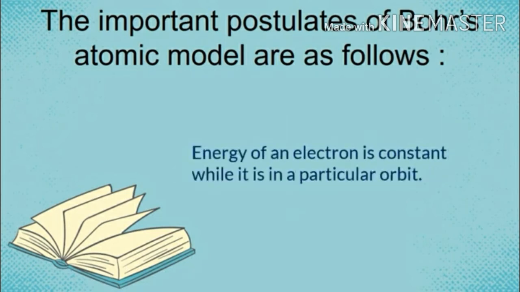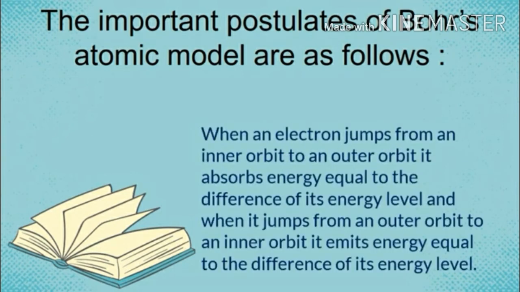Second point, the energy of an electron is constant while it is in a particular orbit. The energy of an electron in a particular orbit remains the same. The third point, when an electron jumps from an inner orbit to an outer orbit, it absorbs energy, which is equal to the difference of its energy levels.